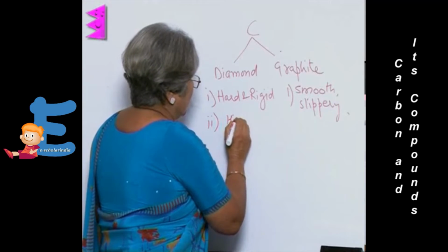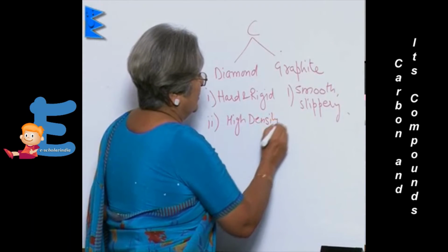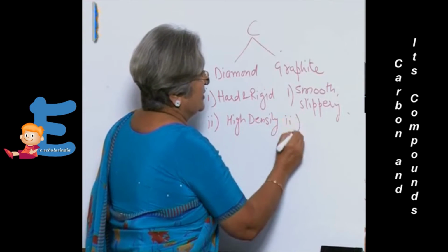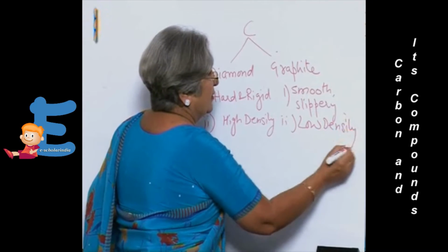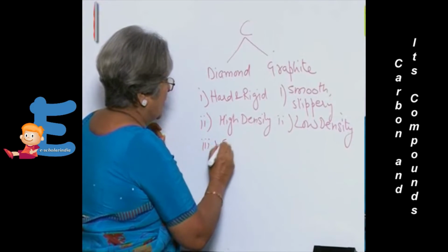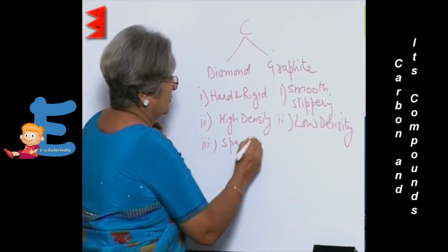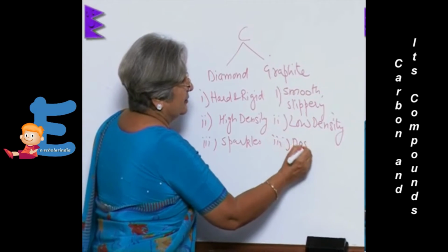High density, that is why it is hard and rigid. Low density. Sparkles, doesn't.